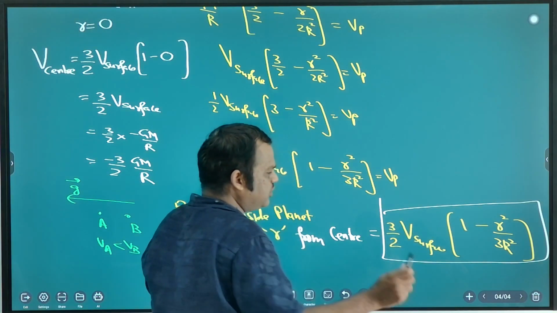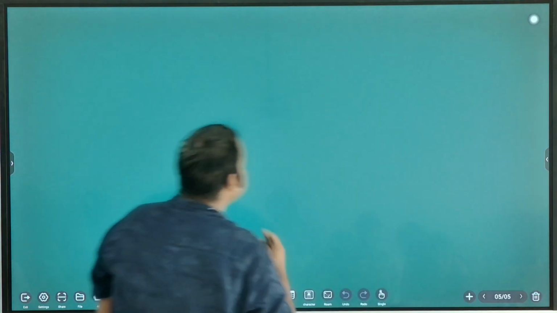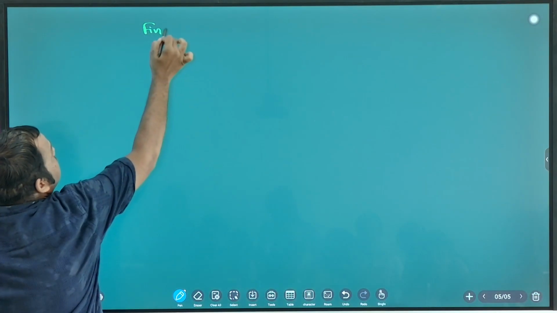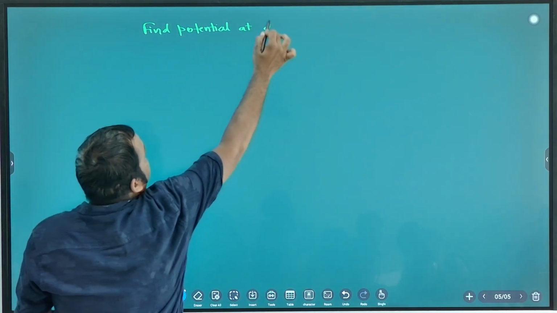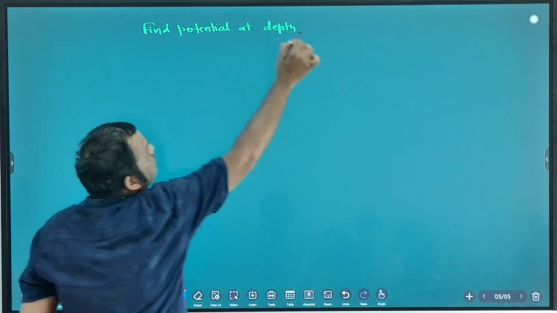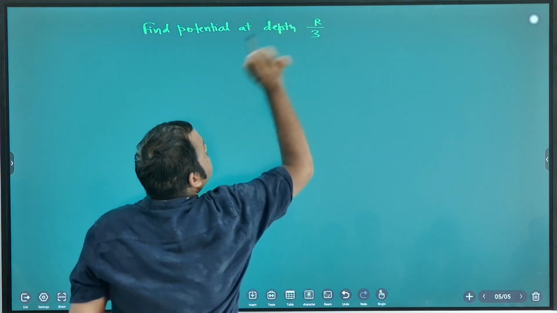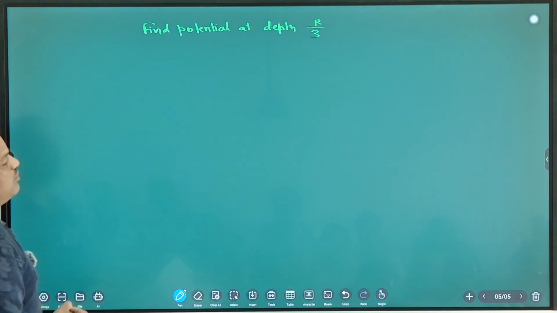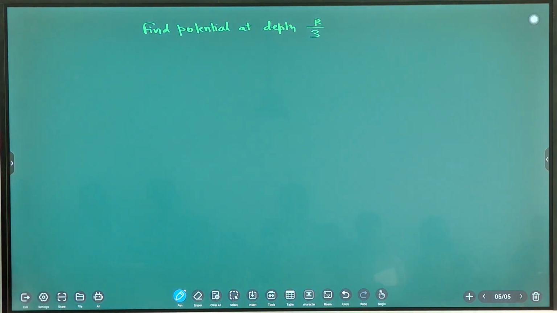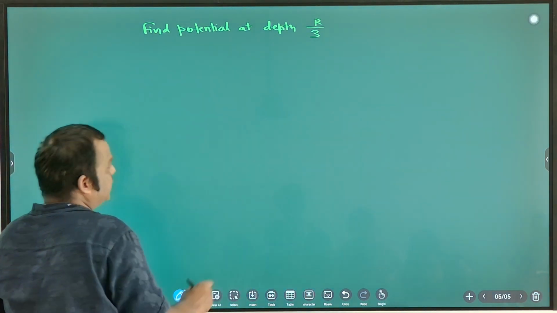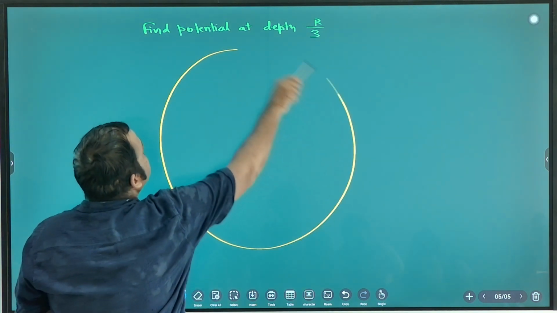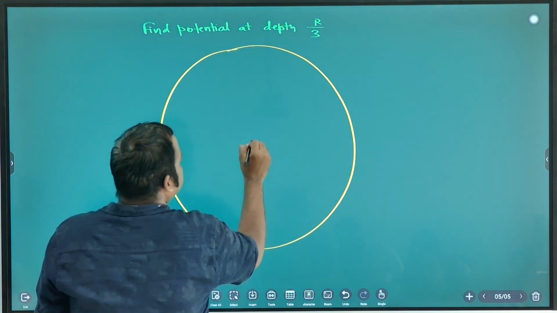Now any question is there, you use this formula. So I am giving one question, you solve. Find gravitational potential at depth R by 3.